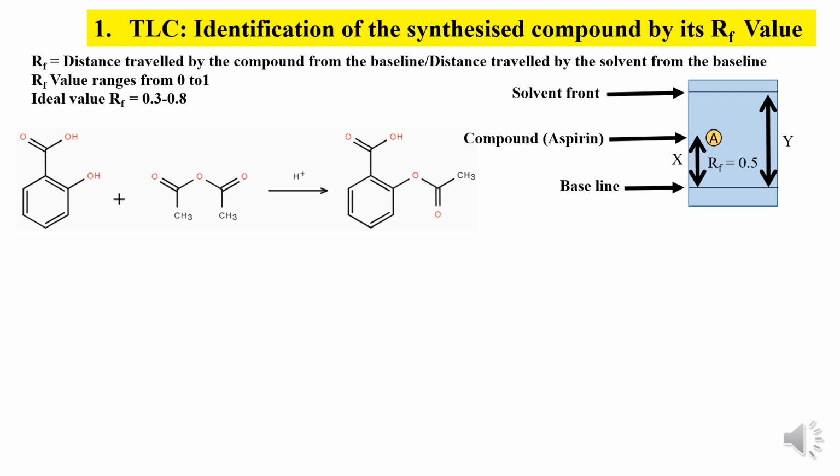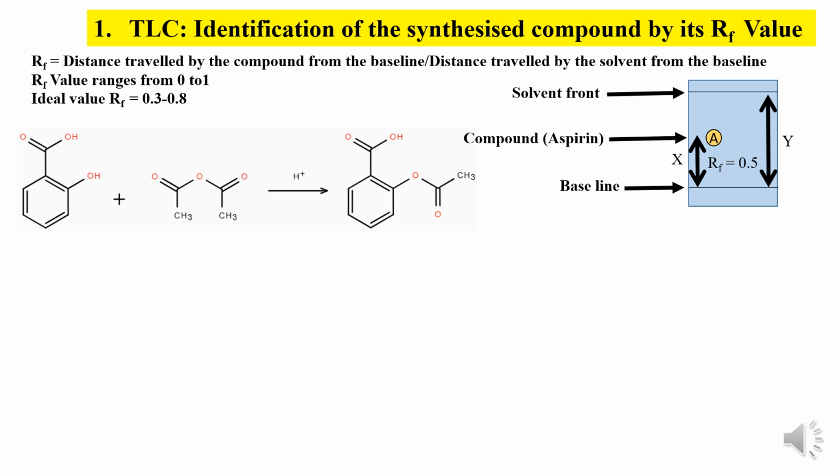But the RF value can vary the moment you change the mobile phase. Say for example, let's say we are using a 1:9 ratio of hexane and ethyl acetate combination. Now when you change the ratio to 1:1, then the distance traveled by the aspirin will vary.